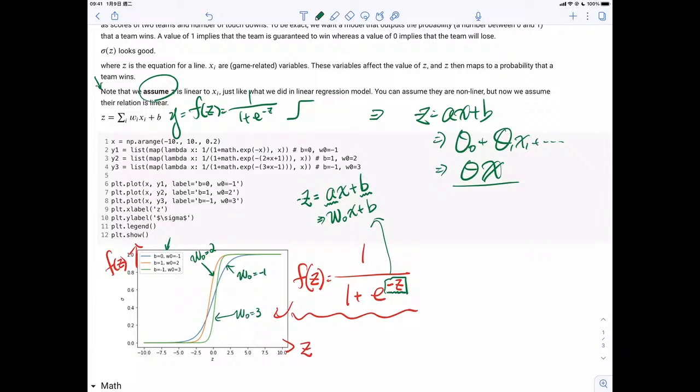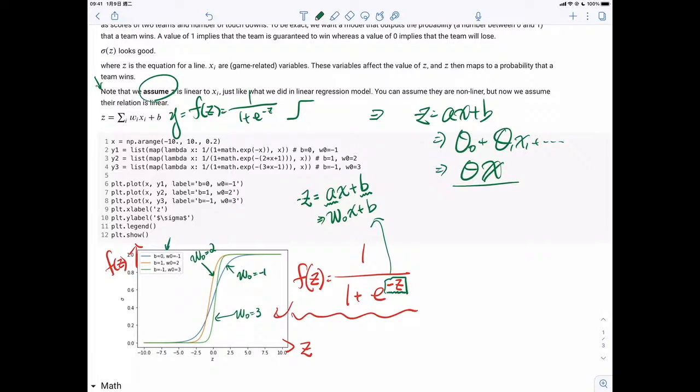Just exactly like in linear regression we say y is linear to x. It is an assumption, an observation. So here in logistic regression, we simply assume the z value is linear to x.